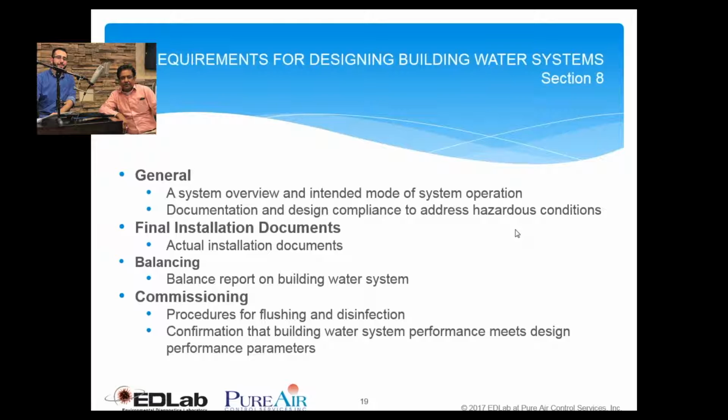The balancing is one of the main things for which a report needs to be prepared, and the balanced report needs to be given to the building owner in order to see that the water is utilized as well as maintained in a way it should be.